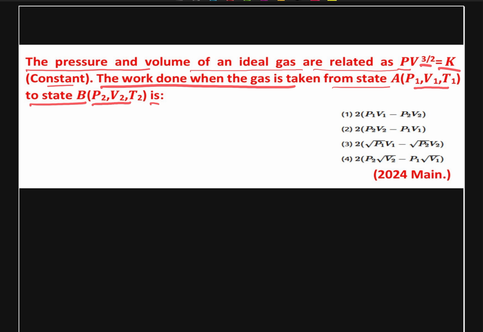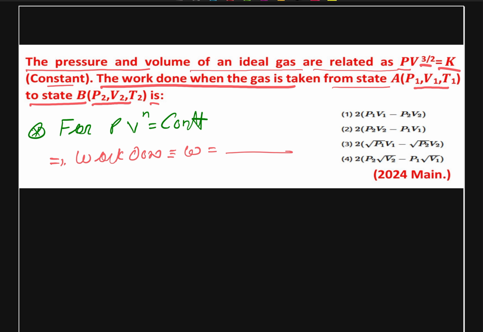So in this case we are given that P V raised to some power is equal to a constant. So we can use a general formula for that. We know that if we have an equation P V raised to power n equal to some constant, then the work done, suppose that is W, will be equal to P2 V2 minus P1 V1 divided by 1 minus n.